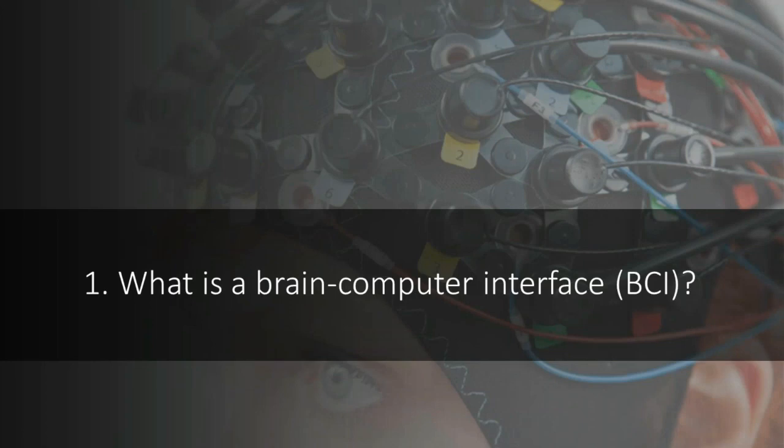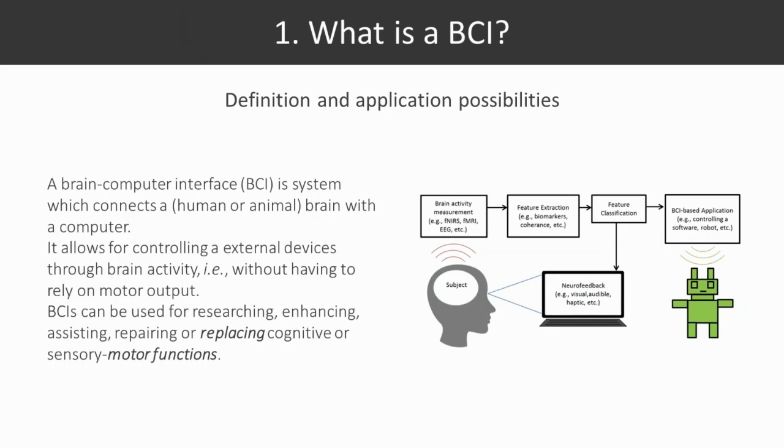So what is a brain-computer interface? A brain-computer interface is a system which connects a brain, human or animal brain, and a computer. And it allows for controlling external devices through brain activity. That means without having to rely on a motor response, which is normally required for controlling such devices.